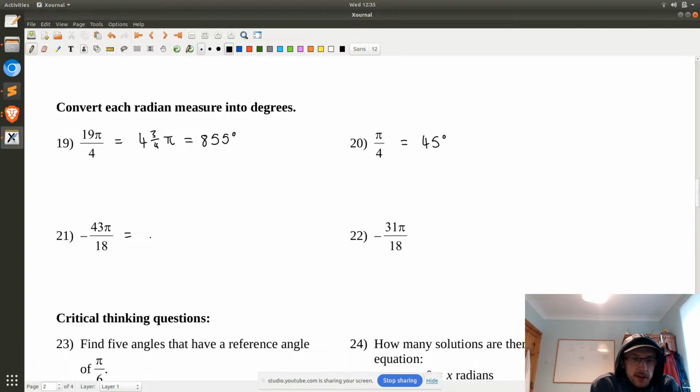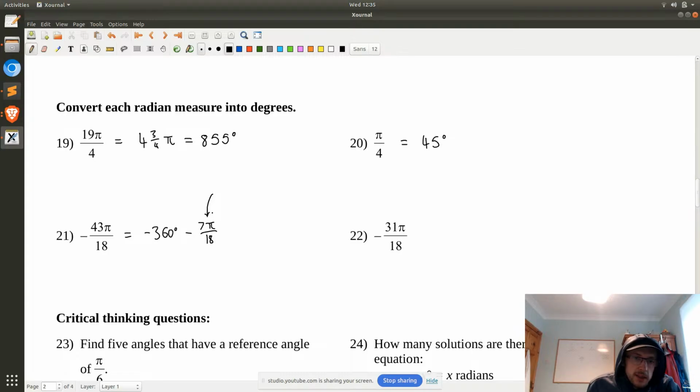The gap then is 7/18, so it's negative 360 degrees plus, take 7/18 of pi, how to convert this?